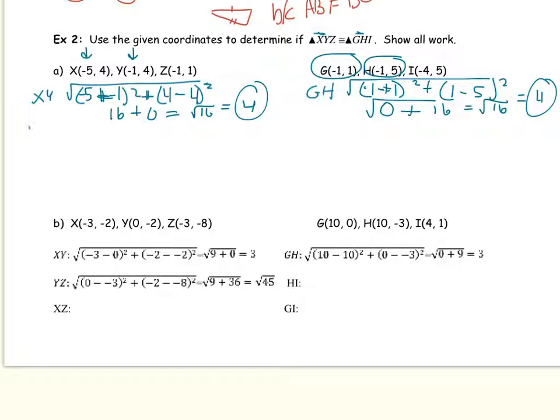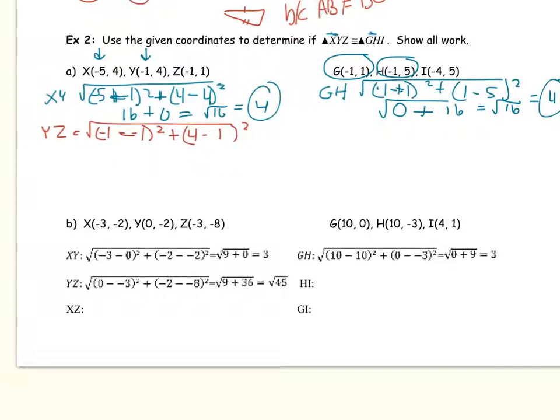Then I go to YZ. And I do the distance formula again. Y is -1, Z is -1 for my x's, and 4 minus a 1. So we have a positive here.